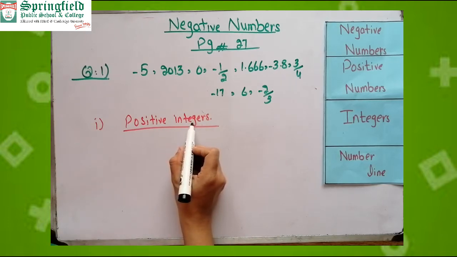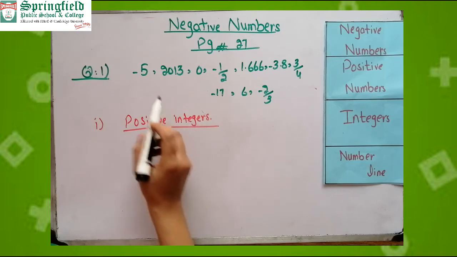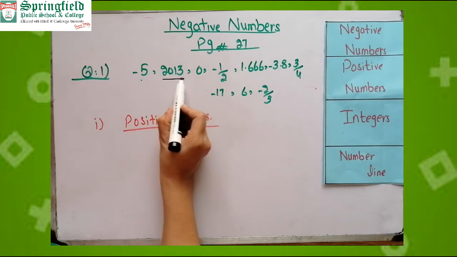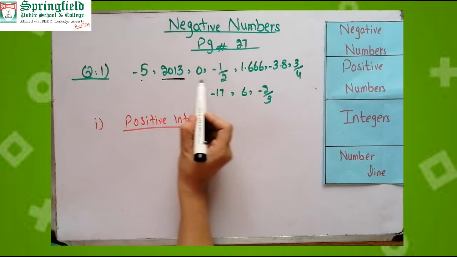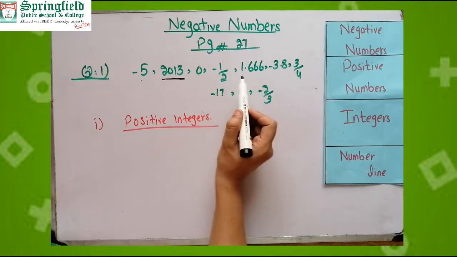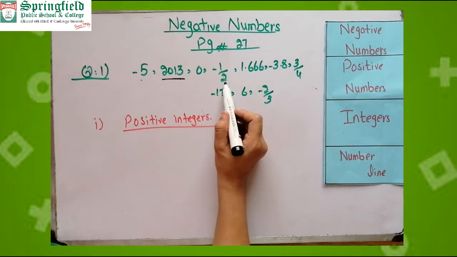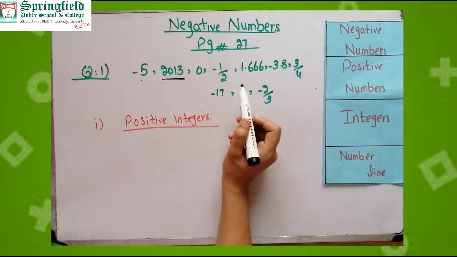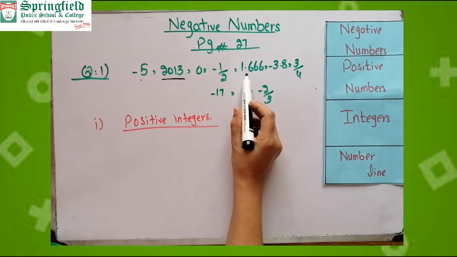So positive whole numbers. Fine. Is -5 a positive whole number? No, this is a negative number. This one is a positive whole number. 0 is neither positive nor negative. So -1/2 is not a positive whole number. This is a positive whole number.